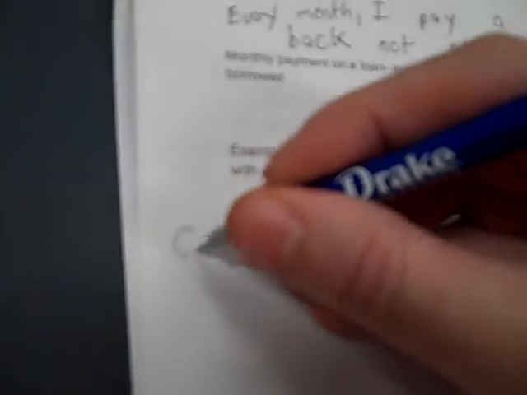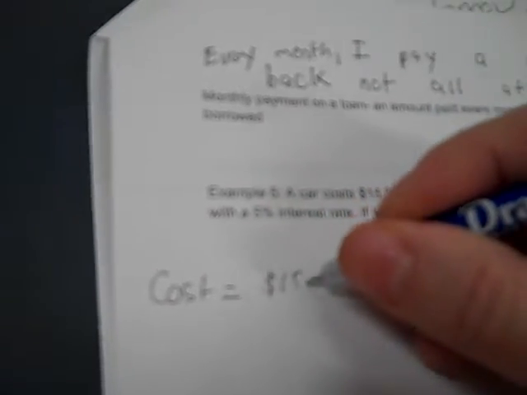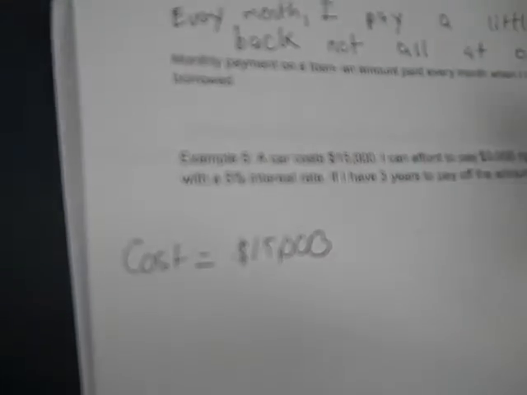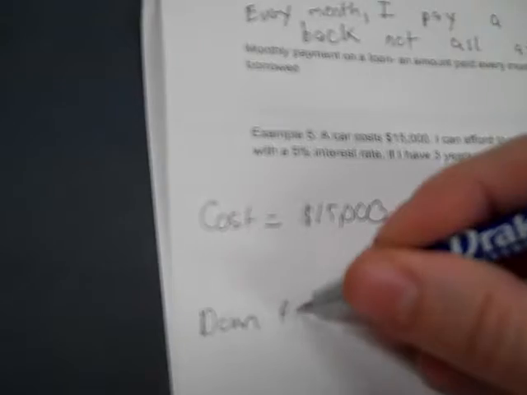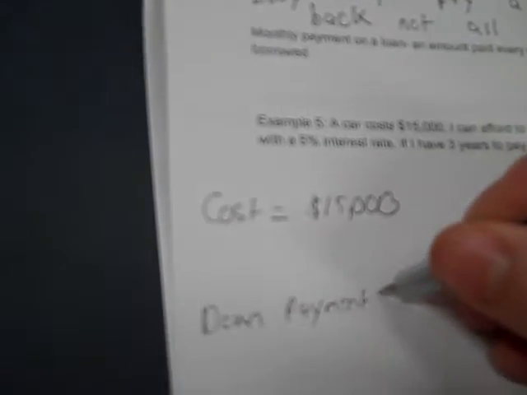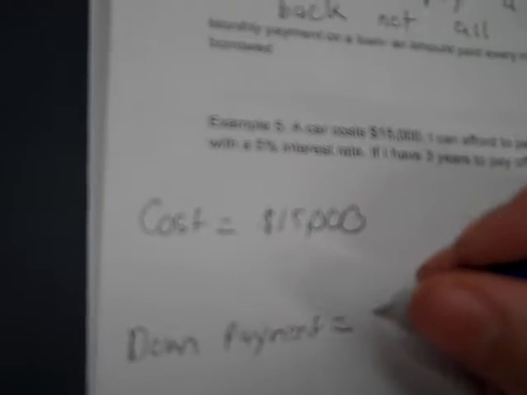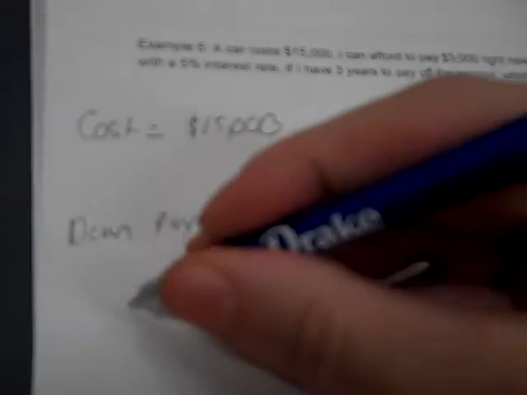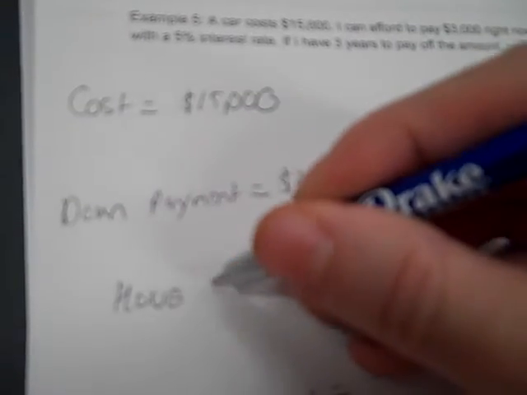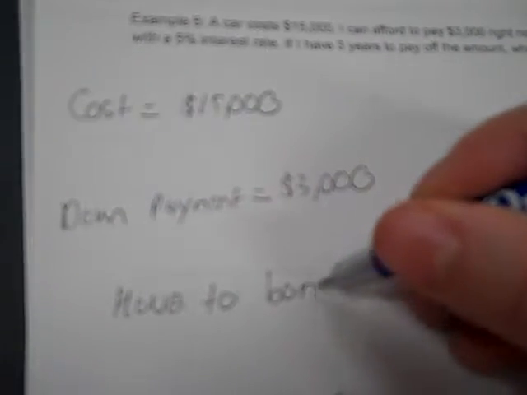Okay, so what's the cost? The cost is $15,000. Okay, the down payment is how much money I have. So I have $3,000 right now. Okay, so again, I have to borrow.